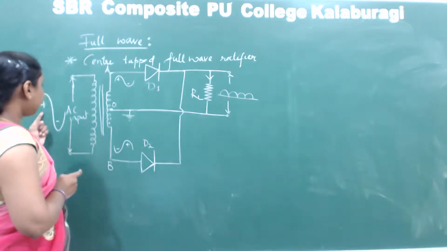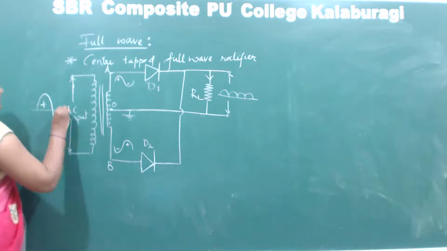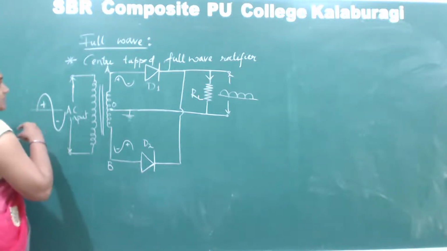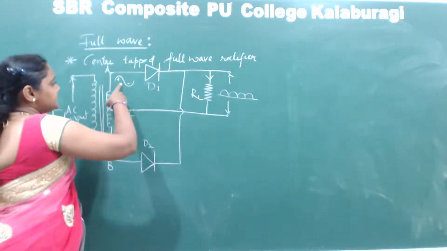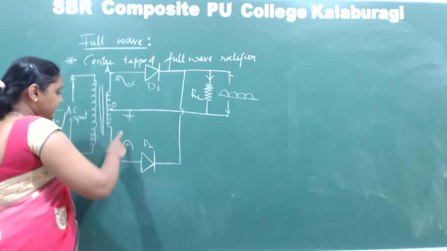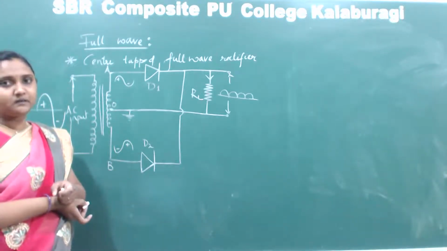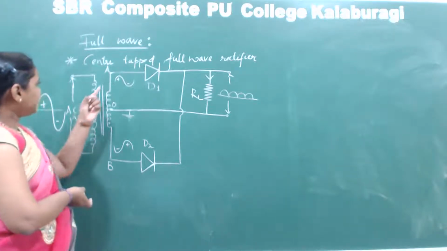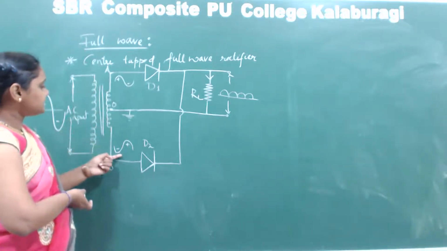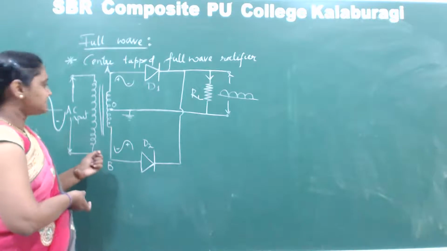So for the positive half cycle of the AC input, terminal A is positive cycle, whereas terminal B is negative cycle.